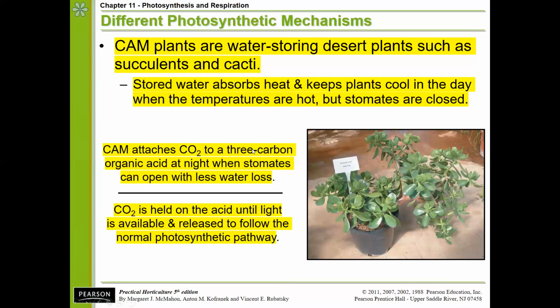The difference here is that CAM attaches CO2 to a 3-carbon organic acid at night instead of at day. So CO2 is held on to that acid until the light is available and released to follow the normal photosynthetic pathway. They don't necessarily have faster growth, but it allows them to hold water longer, which, as you might imagine, is an excellent adaptation for arid areas.